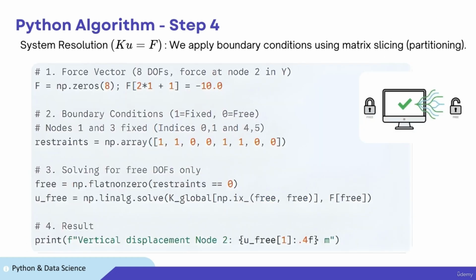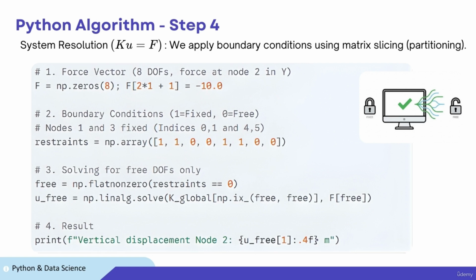Step 4, System Resolution. We have the equation K times U equals F. First, we define the force vector F. We place a value of -10 at the vertical index of node 2. Next, boundary conditions. We know that nodes 1 and 3 are fixed, so we create a restraints array. 1 means fixed, 0 means free.